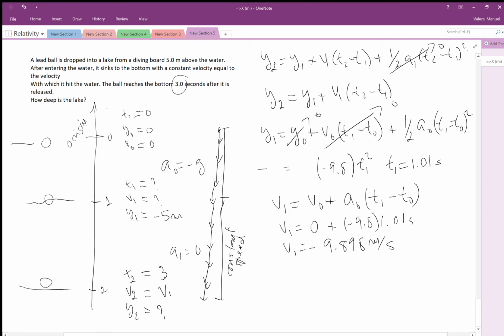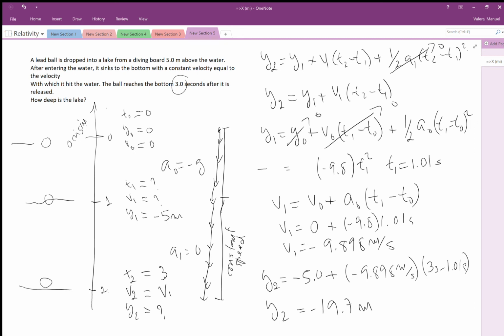So I can write that y2 is equal to y1, which is minus 5.0 meters, plus minus 9.898 meters per second, that is v1, times (t2 minus t1), so it's 3 seconds minus 1.01 seconds. And then I can solve for this, and I get that y2 is equal to minus 19.7 meters.